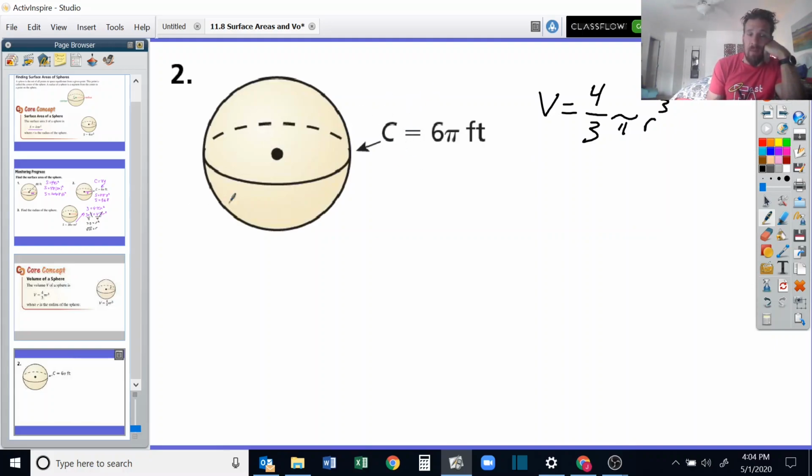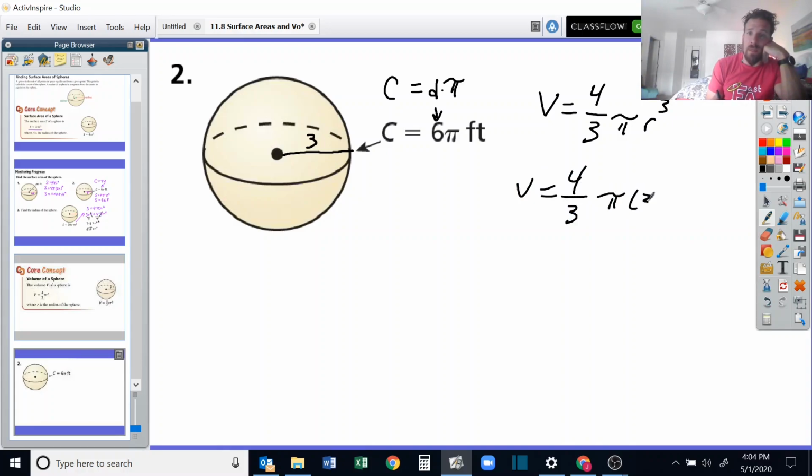Again, this is the same problem that we did with the surface area on the previous slide here. Circumference is pi times the diameter. So this 6 is the diameter. That means our radius is 3. And now we can go ahead and plug that in to our volume formula.